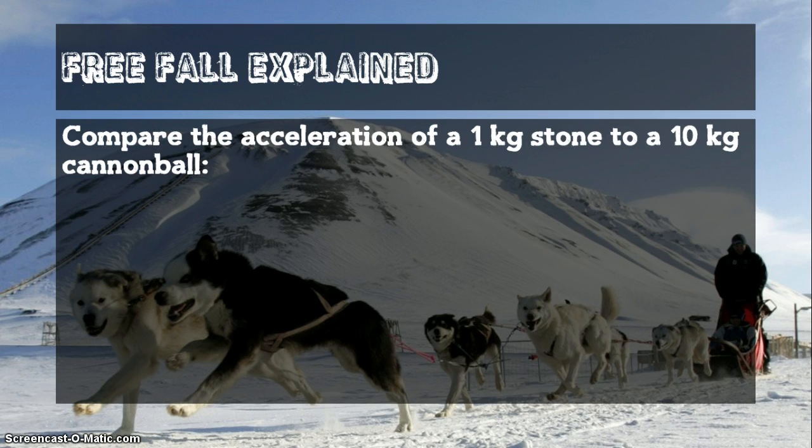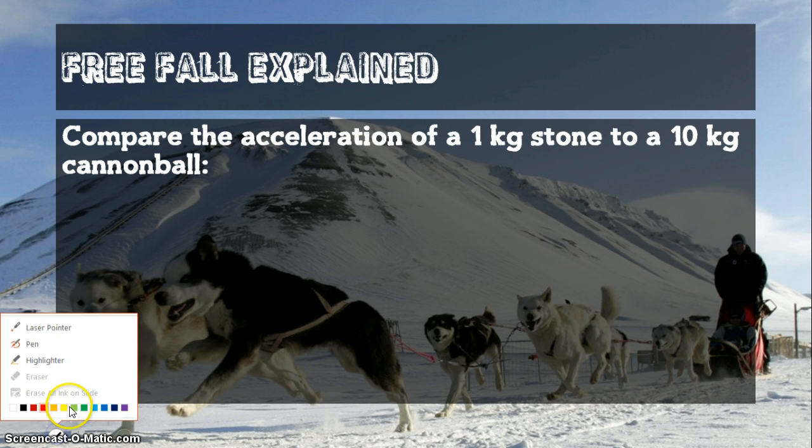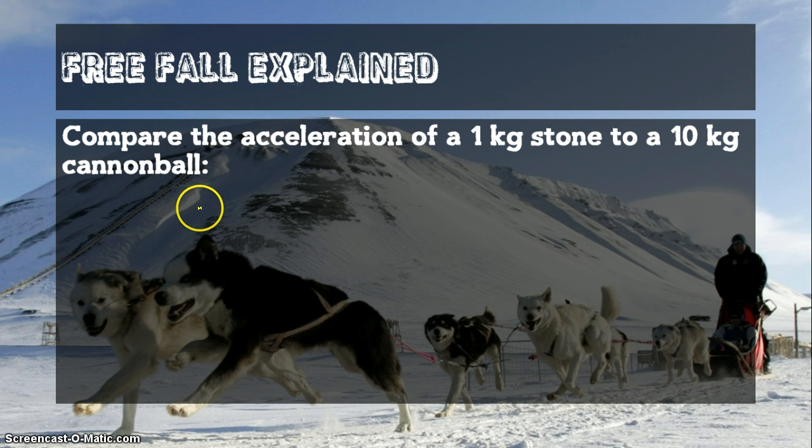So let's just look at this using actual numbers. Compare the acceleration of a 1 kilogram stone to a 10 kilogram cannonball. Now, we have here the stone and the cannonball. The stone has a mass of 1 kilogram. The cannonball has a mass of 10 kilograms.